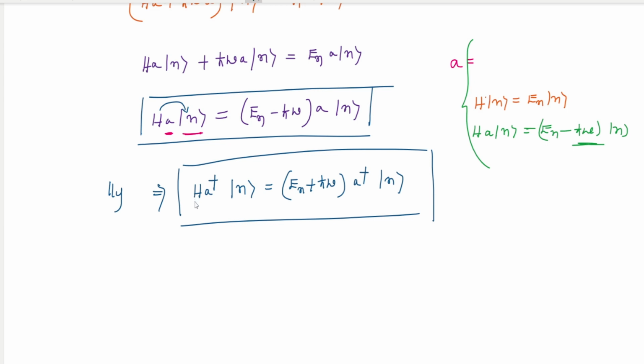These two are operators. This is the Hamiltonian operator. This is the rising operator, this is the lowering operator. The operators A dagger and A are respectively known as the rising and lowering operators. So A dagger is the rising operator. A is the lowering operator.